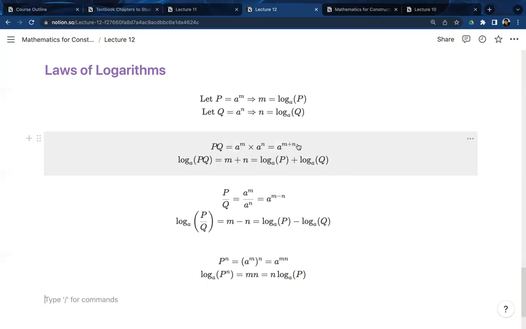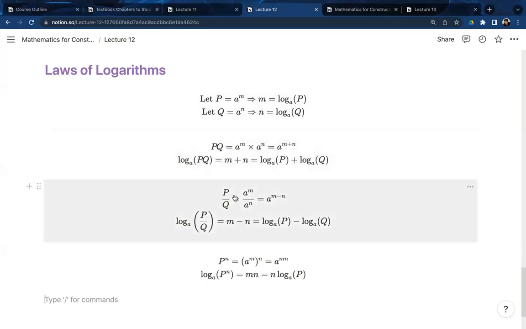M plus n is the power to which a must be raised to give pq, right? But m and n are log a of p and log a of q from above here. So we see that the logarithm of a product is a sum of the logs once the base is the same, right?